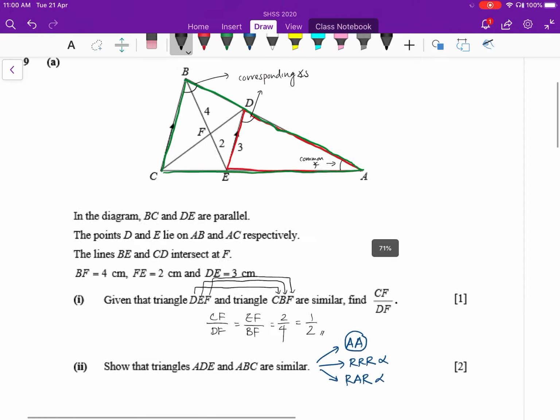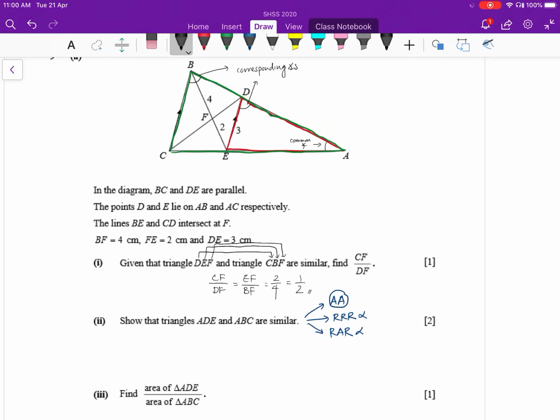We can then present our answers now. Very quickly. The first angle that is the same is DAE. Angle DAE is the same as angle BAC because they are common angles. The next angle that is the same is ADE.